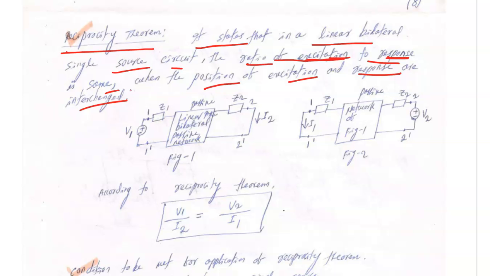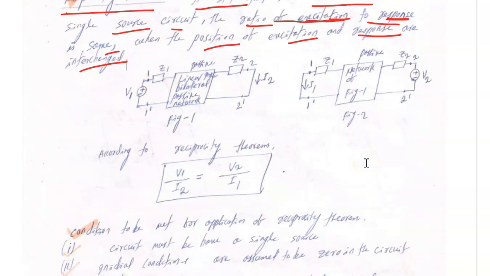In a nutshell, in simple words, I will explain through the figure. You have passive networks. What do you understand by passive networks? Passive networks mean you don't have any source there. You have resistors, capacitors and inductors, but there is no source.